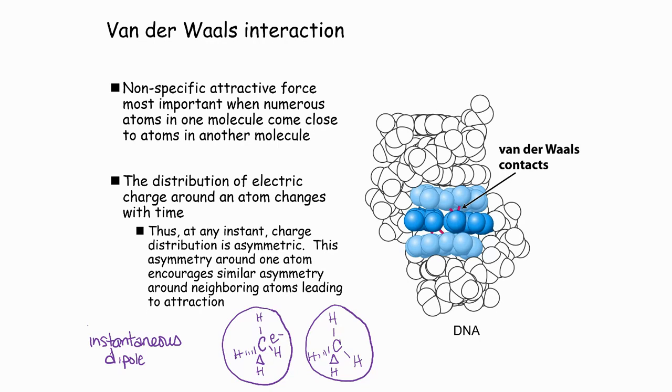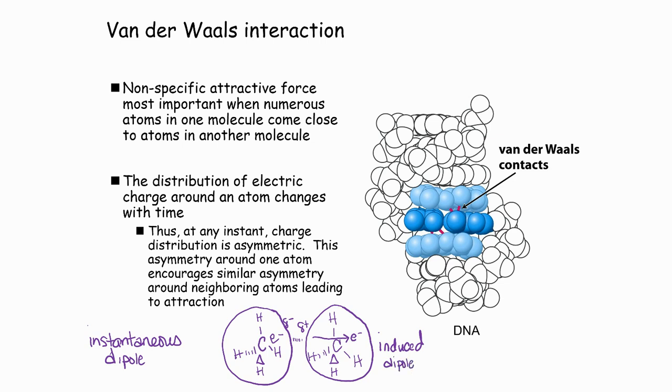Now think about what that's going to do to electrons in the neighboring molecule. They're going to want to shift. They're going to move. So this end of the molecule becomes more partially positive, and this end becomes partially negative. That's going to create a temporary attraction that I'm going to show with the dashes. So this instantaneous dipole will cause a dipole in the neighboring molecule, and that's an induced dipole.